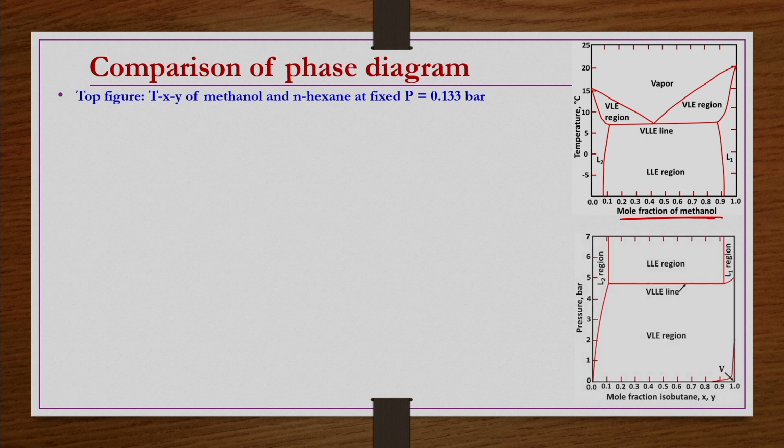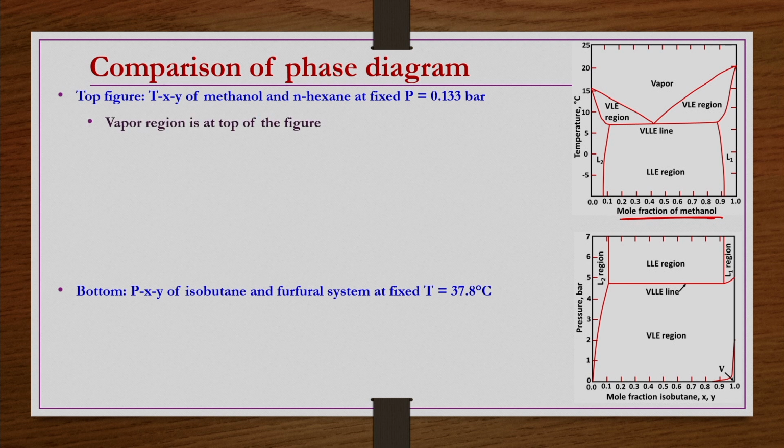The bottom figure indicates the PXY diagram of isobutane and furfural, the example problem we solved and then drew this phase diagram. So, we are comparing these two. The bottom one is the PXY of the isobutane and furfural system at a fixed temperature of 37.8 degrees centigrade.